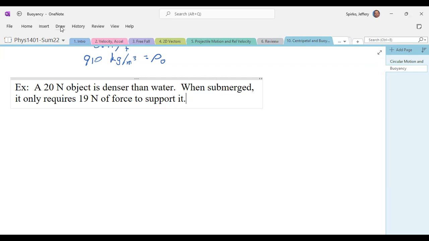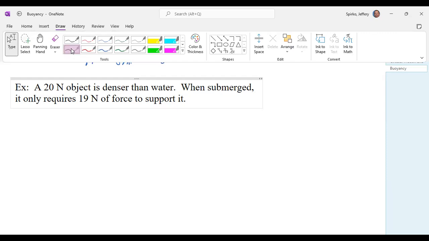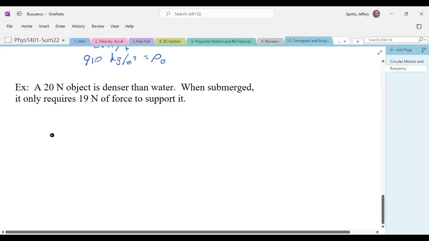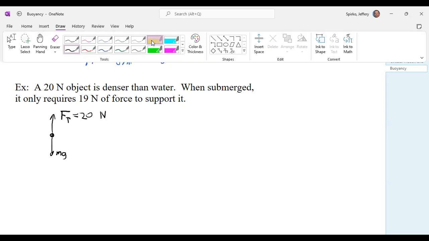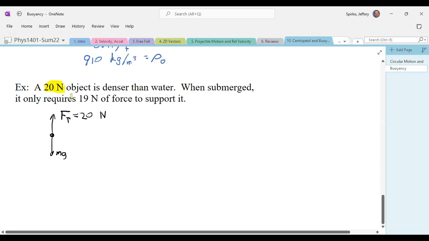So this is actually describing two different situations. One is mg, and say a force of tension is 20 newtons. This 20 newtons is talking about a regular, everyday, hang your object from a scale experiment or place your object on a scale experiment.